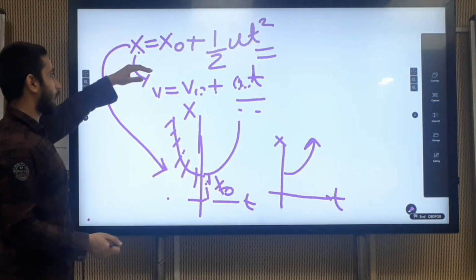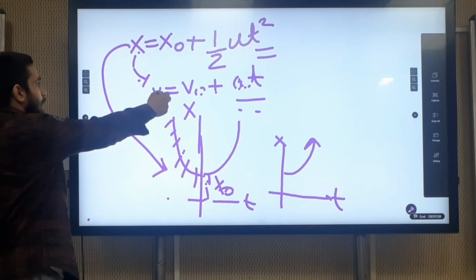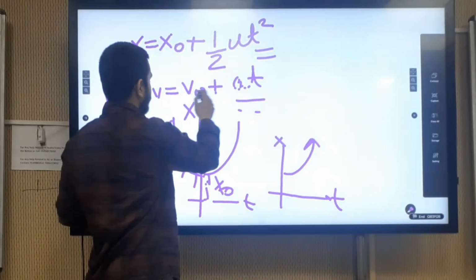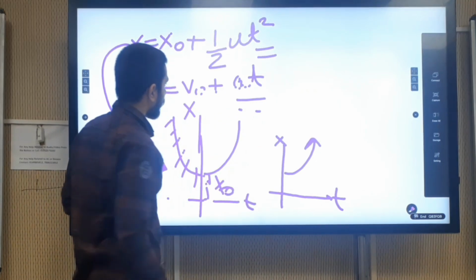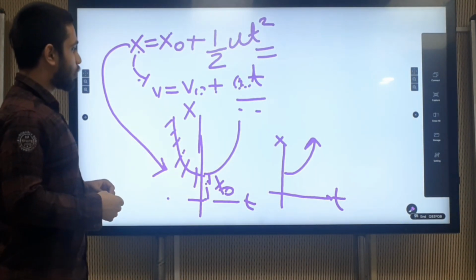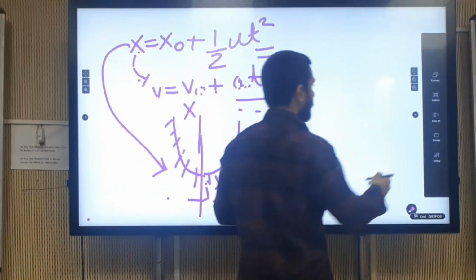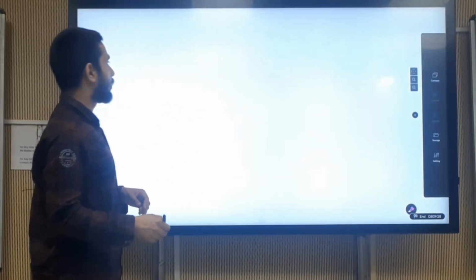This is the graph for x versus t. If we differentiate it, we will get the graph of v versus t, v equals v naught plus at, in which v naught is the intercept and a is the slope. Like this we can draw the graphs of various equations.